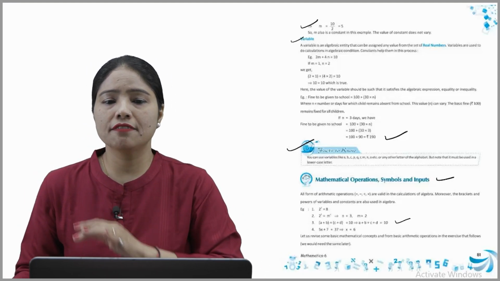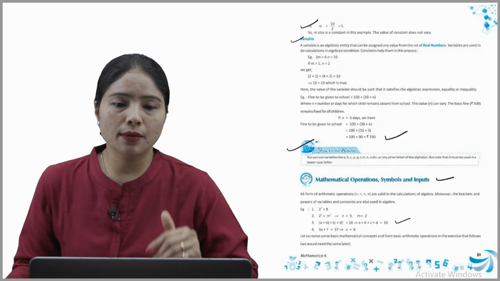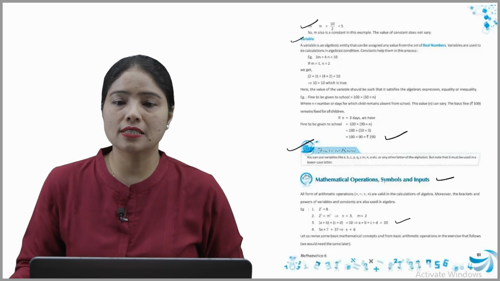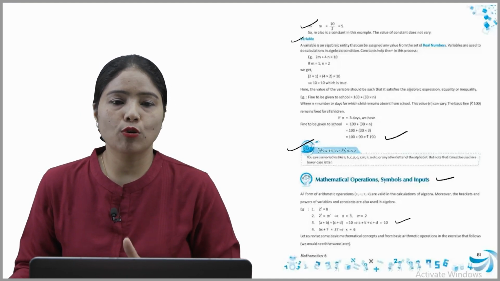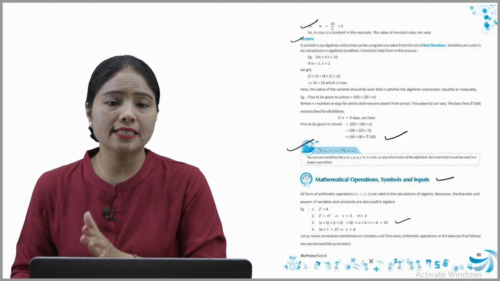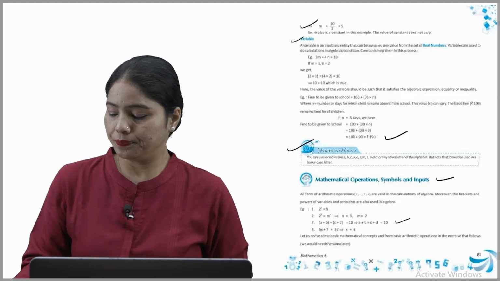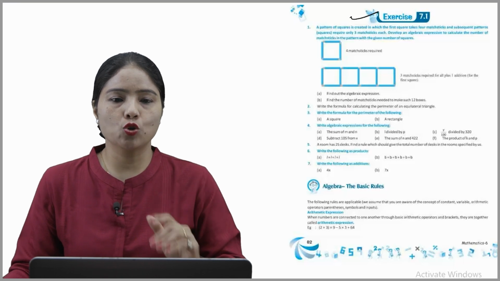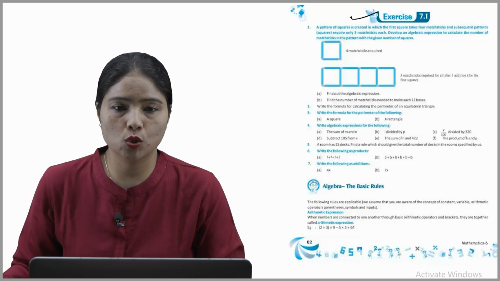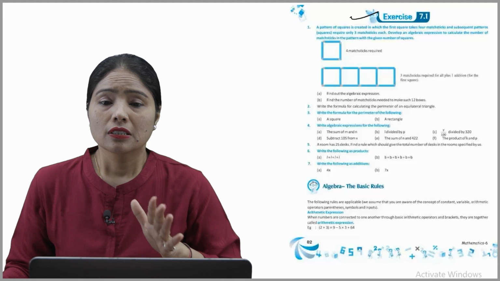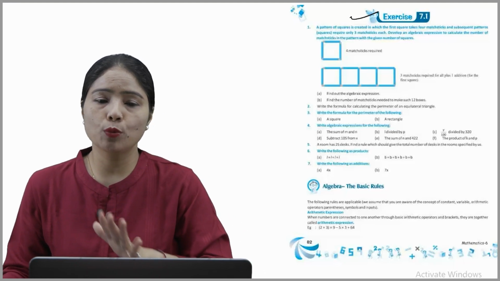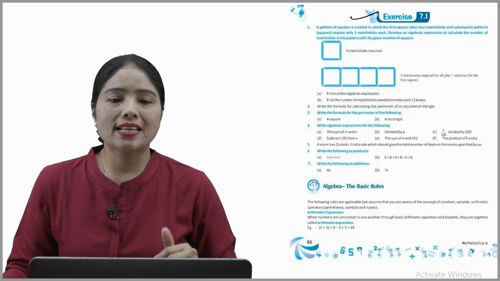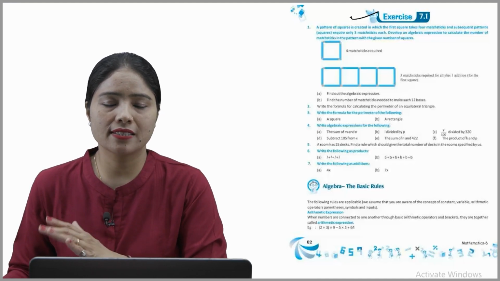Now let's revise some basic mathematical concepts and basic arithmetic operations. In the exercise that follows, we would need the same. So let's see Exercise 7.1. First question: a pattern of squares is created in which the first square takes 4 matchsticks and subsequent squares require only 3 matchsticks each.